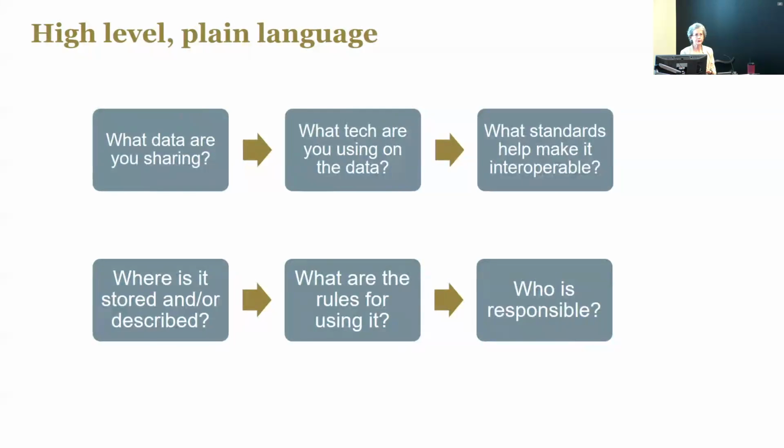What standards are you using to describe that data that would help make it interoperable? And that's thinking in terms of metadata standards or naming conventions, those kinds of things that might be used across your discipline. Where is that data stored and or described?